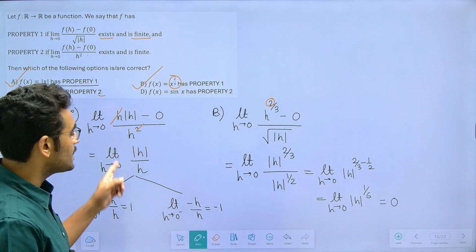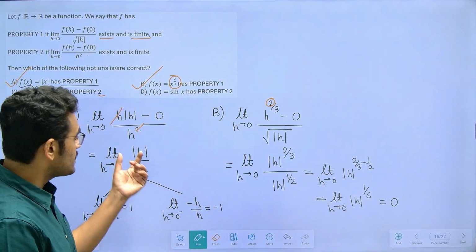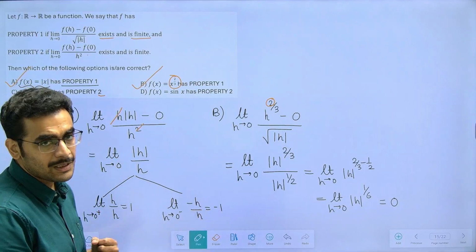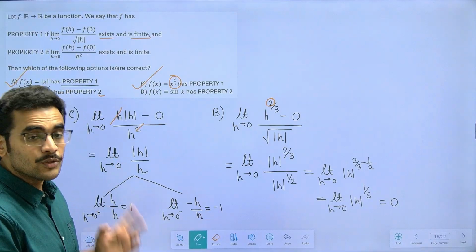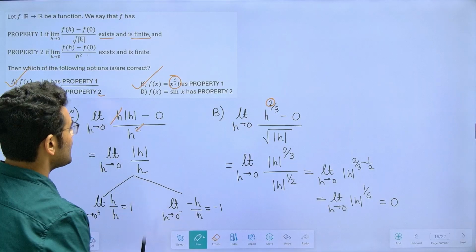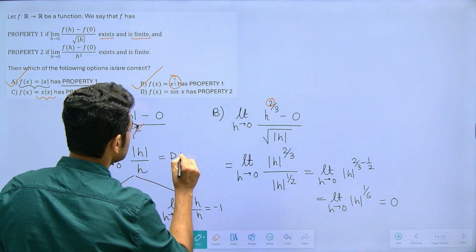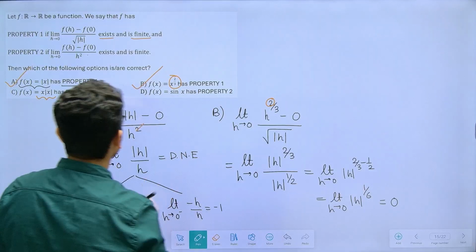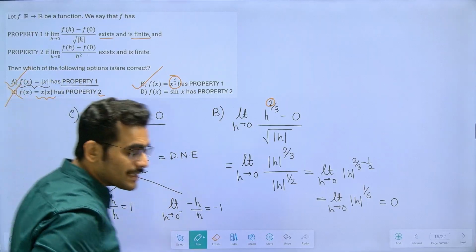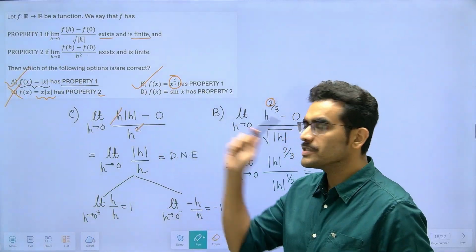You can see that this is nothing but the signum function, which on one side is tending to minus 1, on the other side it is tending to 1. So this limit does not exist. So I cannot say that the function satisfies property 2. So option C is wrong.